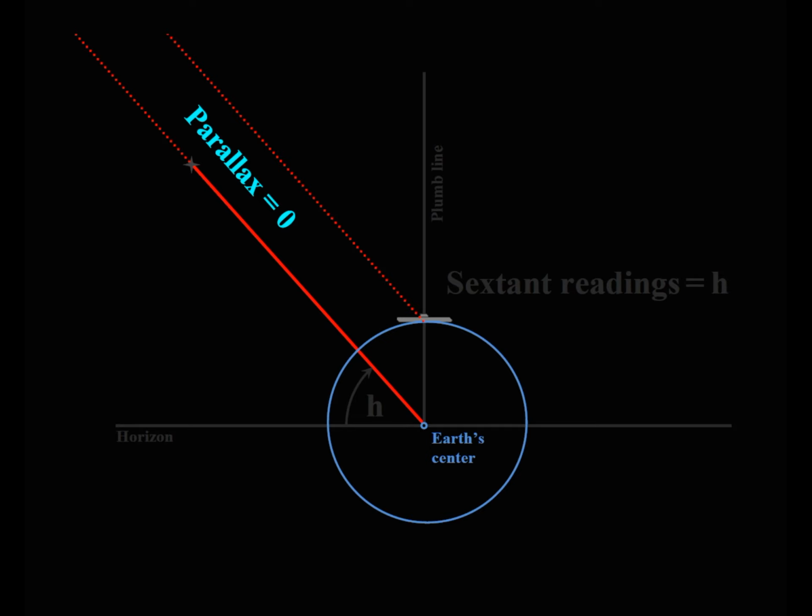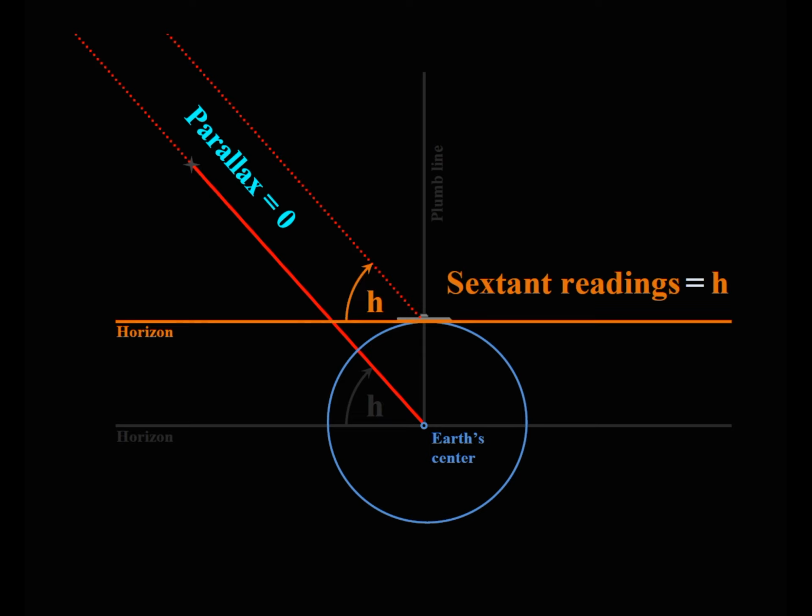We know that the measured altitude corresponds to the angle whose vertex is the observer. But in order for the drawing to correctly show the relationship between the celestial coordinates of a celestial body and the geographic coordinates of the observer, it is necessary to draw the altitude of the celestial body relative to the center of the Earth.